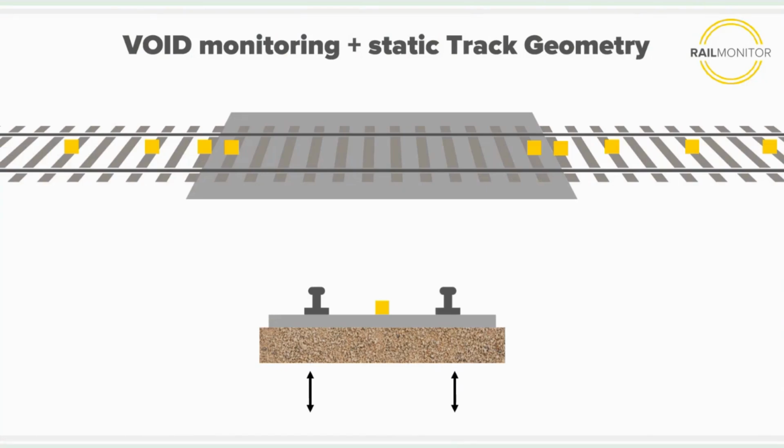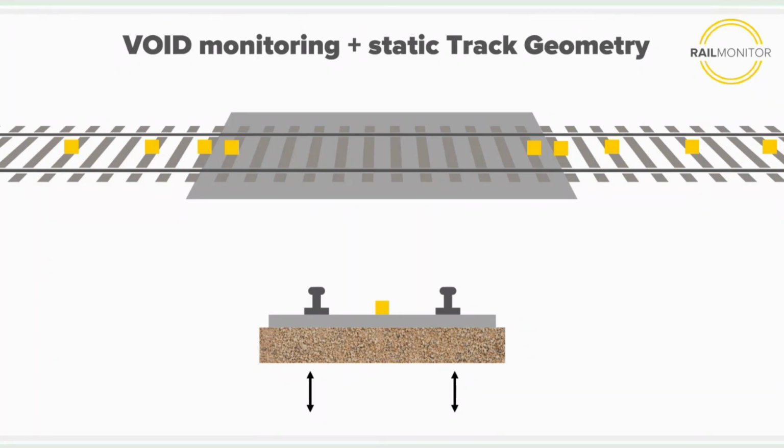So, going into more detail, we have a system where we install sensors in the track. There are different ways of installing these sensors, and I will go into more detail on why it can be put in the track in different, I would say, options.